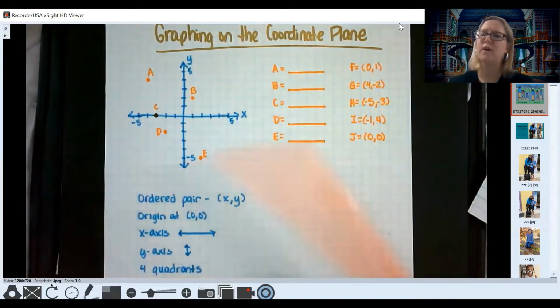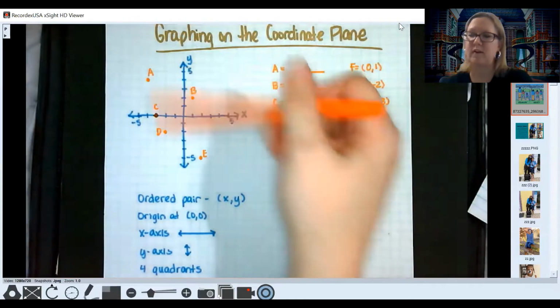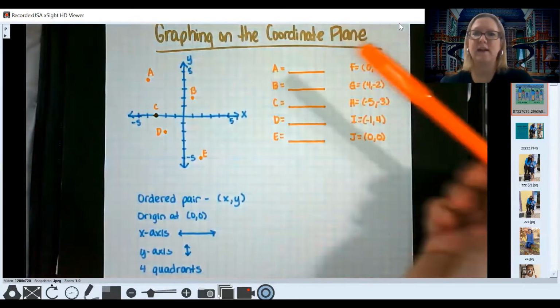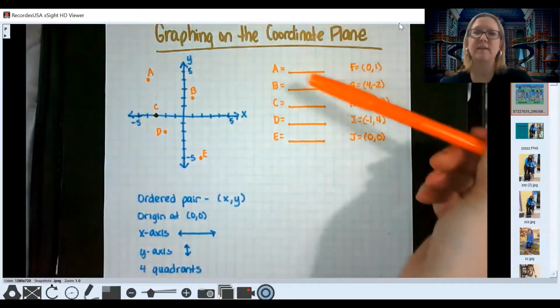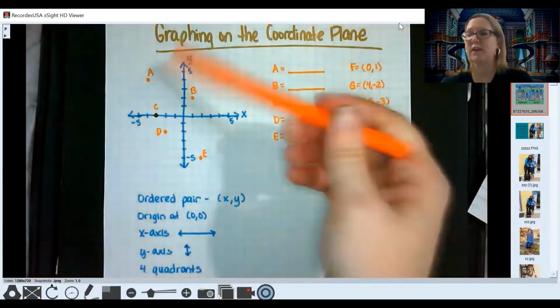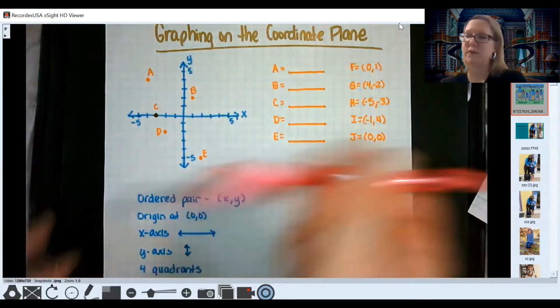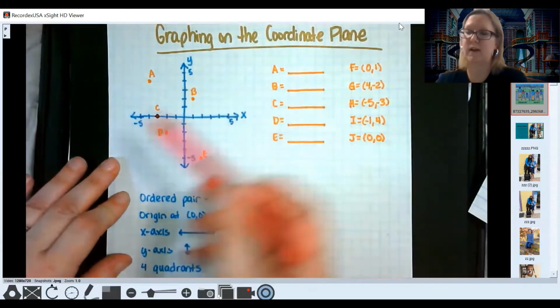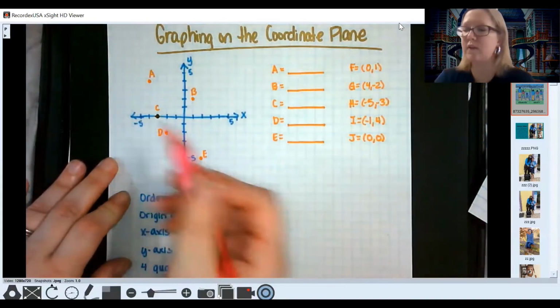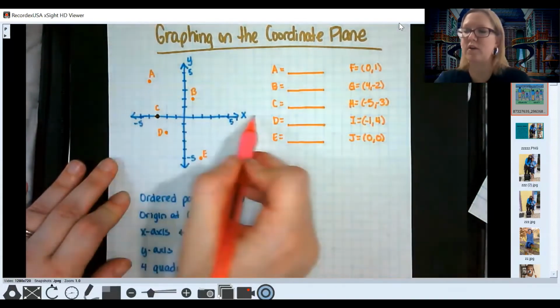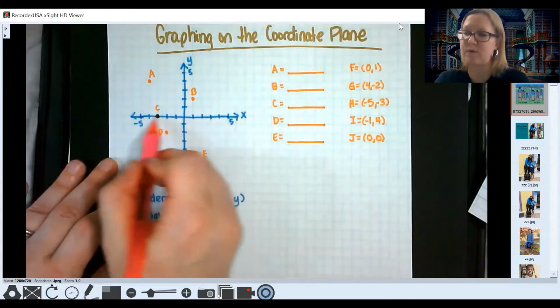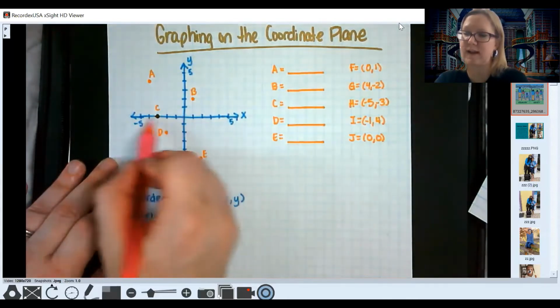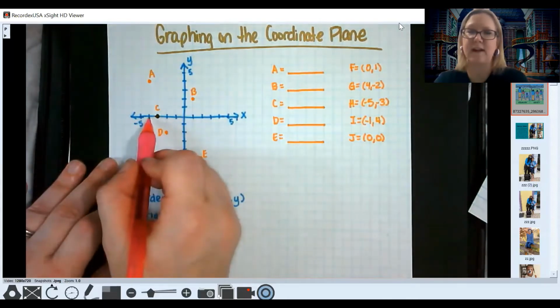For instance, we've got these points on this coordinate plane, and I want to see if we can identify the ordered pair for each of those points. If we look at point A, we always go across first. Going across the x-axis to get to A, we stop in the negatives, at -4.